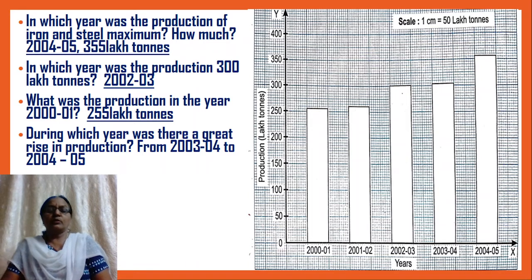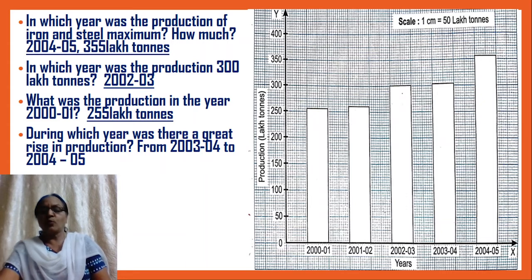Now come to the question. In which year was the production of iron and steel the maximum? Very clear. If you look at the bar with the highest quantity, for which year is it? It is 2004, 2005. So in the year 2004-2005, the production of iron and steel was the maximum.